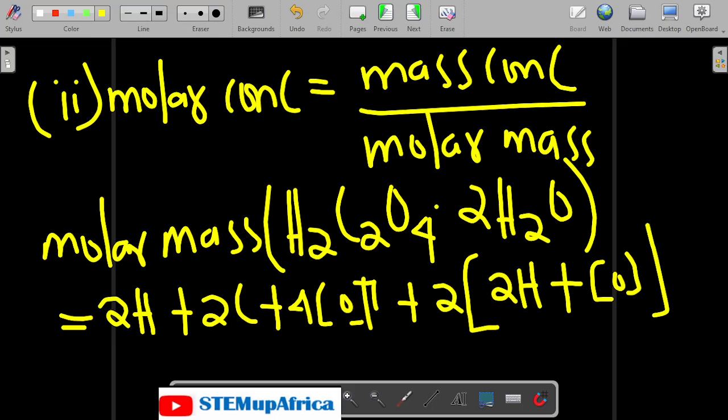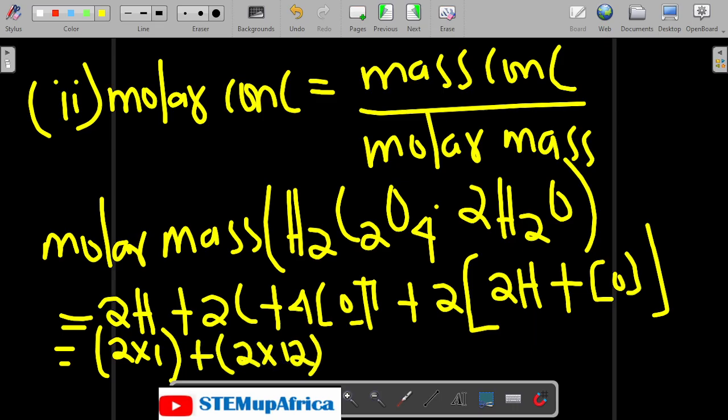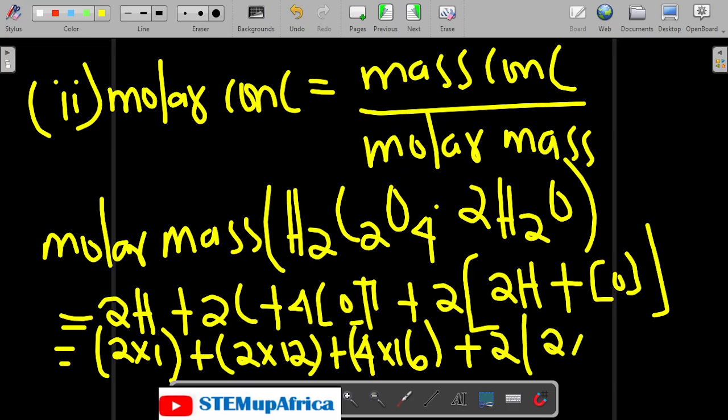So this gives 2 times 1, the atomic mass of hydrogen is 1, 2 times 12, carbon is 12, 4 times 16, oxygen is 16, and 2 times (2 times 1 plus 16).